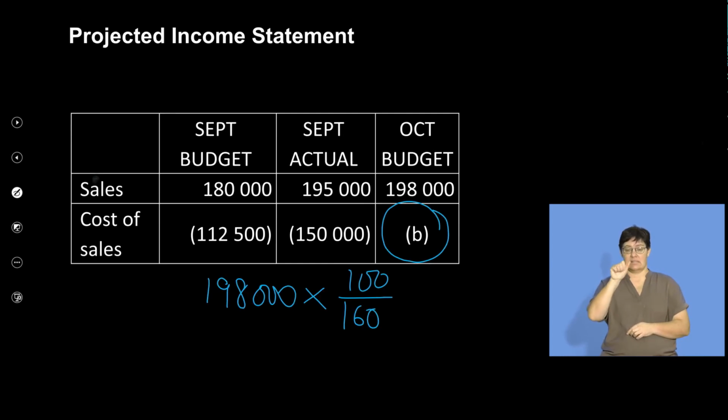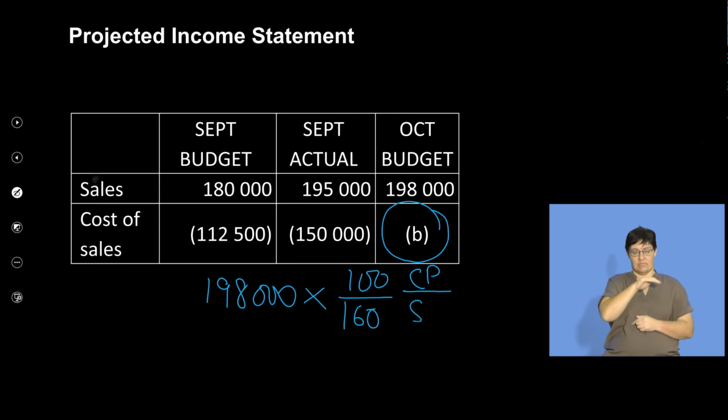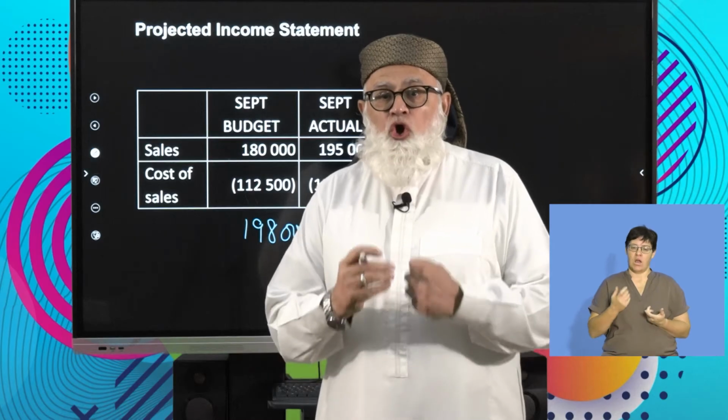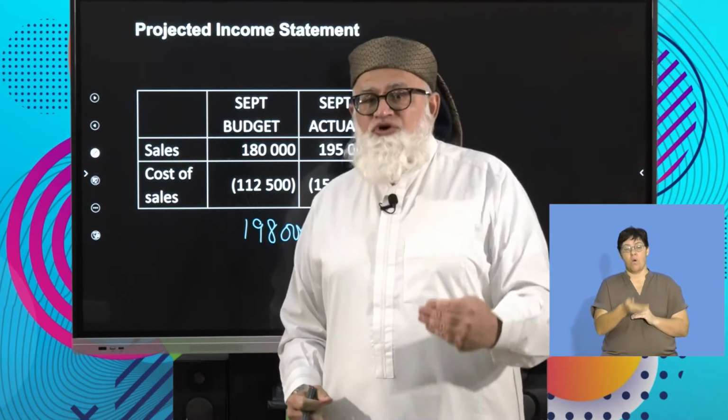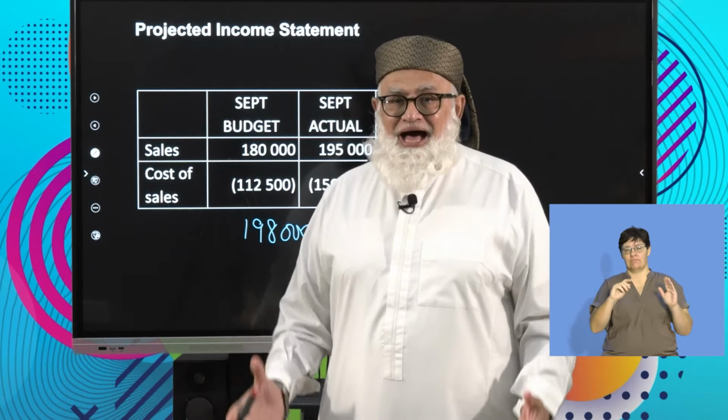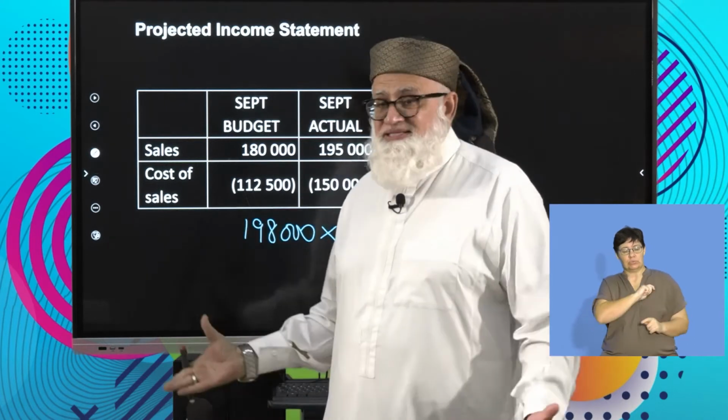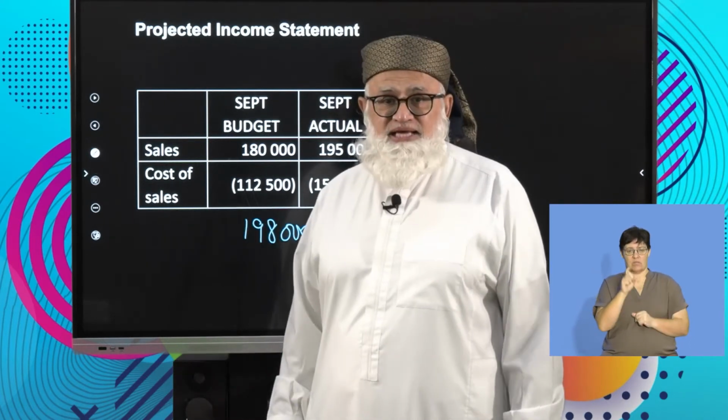You remember the calculation once again? Your cost price is what you want, so you put it on top over your selling price. This is just a technique that you can use when you are calculating your cost of sales. Once again, cost price over your selling price times 100 over, times your actual selling price, in this case, 198,000.